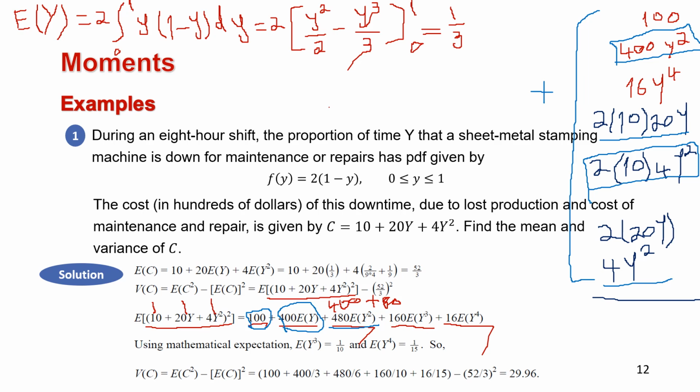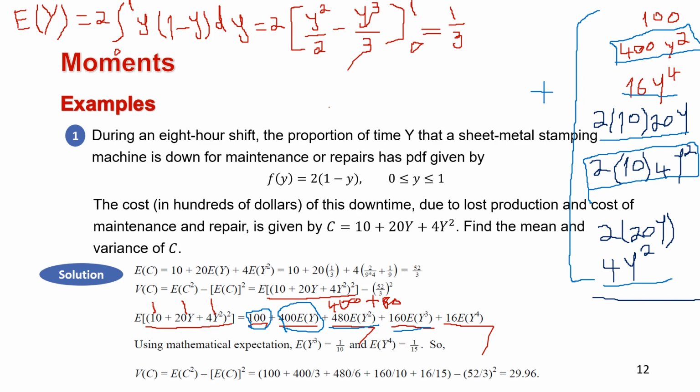And then this term, 2 times 20, 40 times 4, is 160y cubed. And the last term is 16y to the power 4.